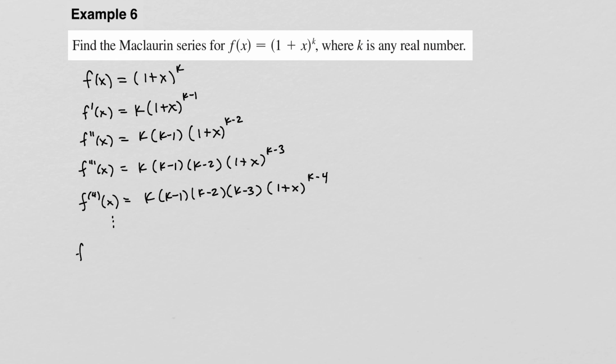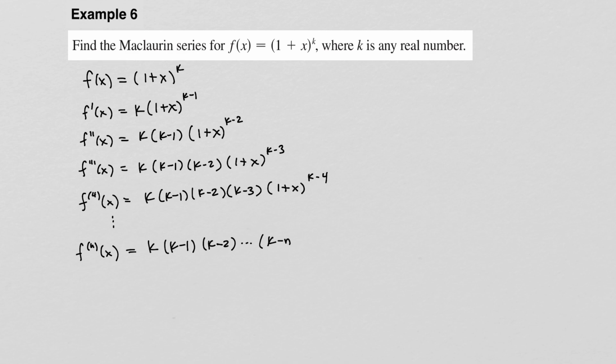So what is the formula for the nth derivative? Well, it's going to be k times k minus 1 times k minus 2 times, where does it end? Notice that this one ends at k minus 3, and this is the fourth derivative. This one ends at k minus 2, and that was the third derivative. So it's not going to end at k minus n, right?